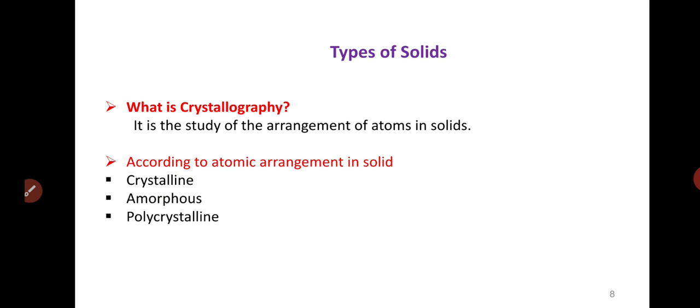Now, what are the types of solids? According to the atomic arrangement in solid, there are three types of the solids: crystalline, amorphous, and polycrystalline. So what is the crystallography? It is the study of the arrangement of atoms in solids.